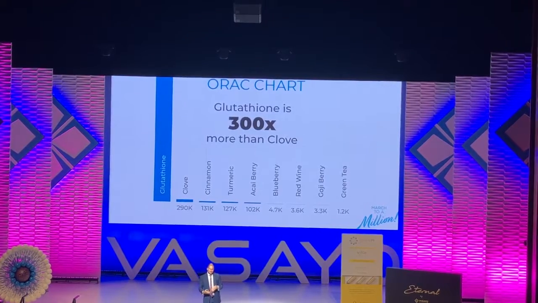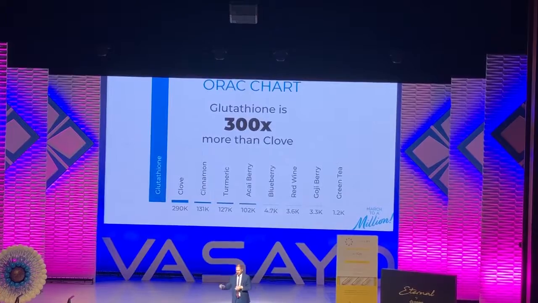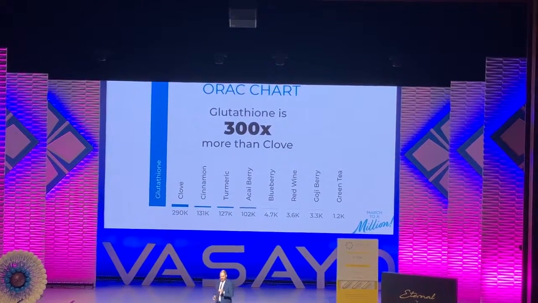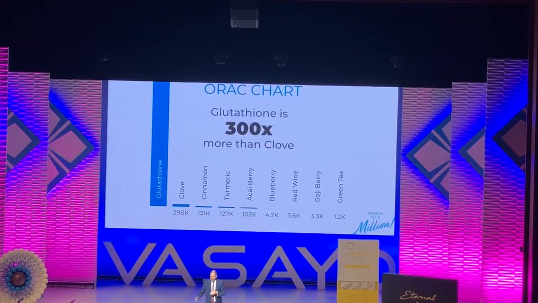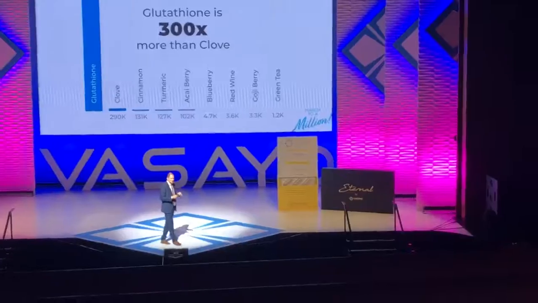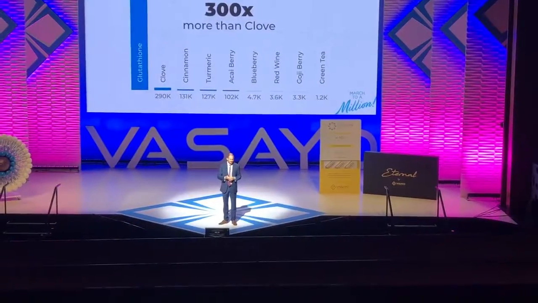Well, glutathione actually doesn't have an ORAC score because it's an internal antioxidant. The ORAC score is created for external antioxidants. But just so you could see the comparison, and actually you couldn't even see this, glutathione is 300 times more powerful than clove at scavenging free radicals.